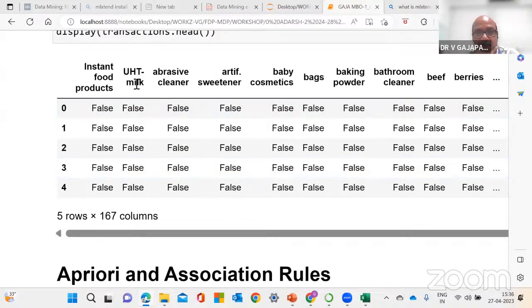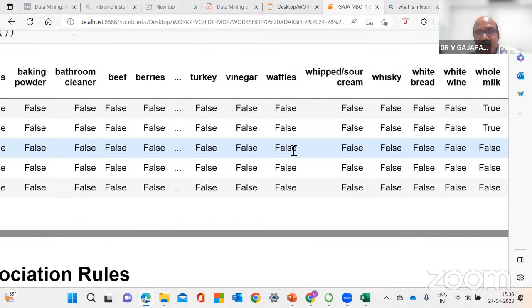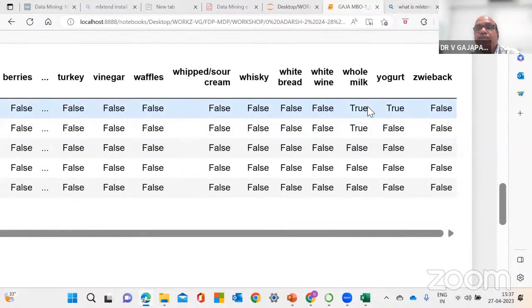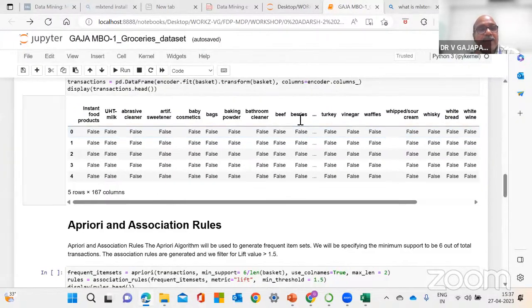Now this is all products. If a product is purchased, it will come as true. I will check whether there is any true. All are false, because this many products have not been purchased. You see here, whole milk is true in the first transaction.